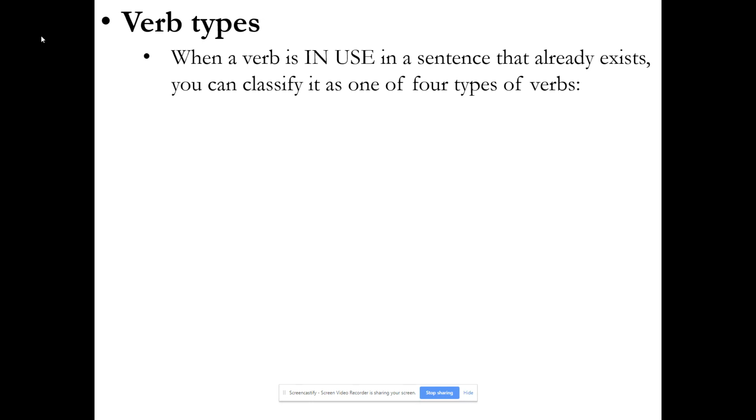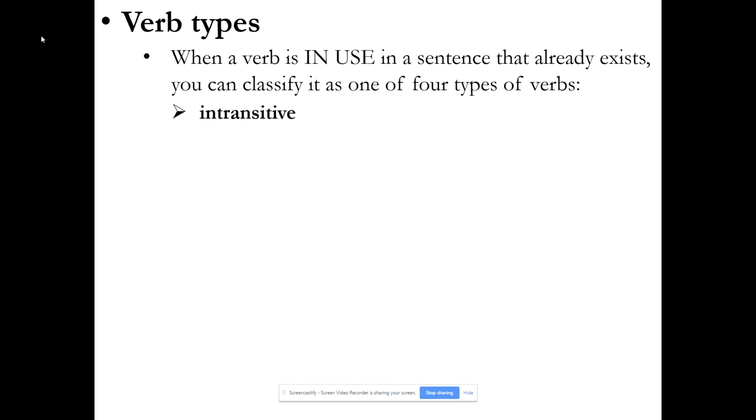Instead, I will give you a whole sentence and ask, in this sentence, how is this one verb behaving? So it's always in the context of a sentence. If you look up a verb in a dictionary, it's going to tell you the different ways the verb can be used. Some verbs can be used in many different ways, but I will always give you one sentence and there will be one correct answer.